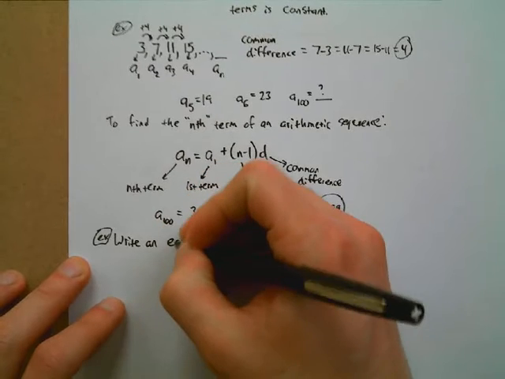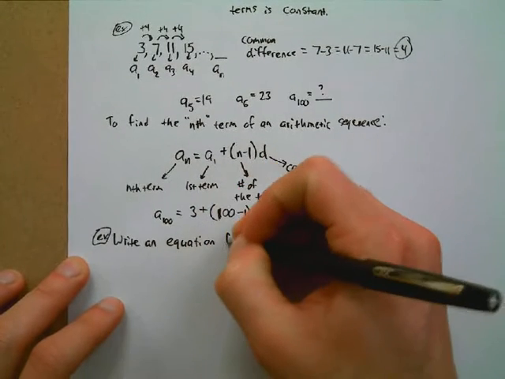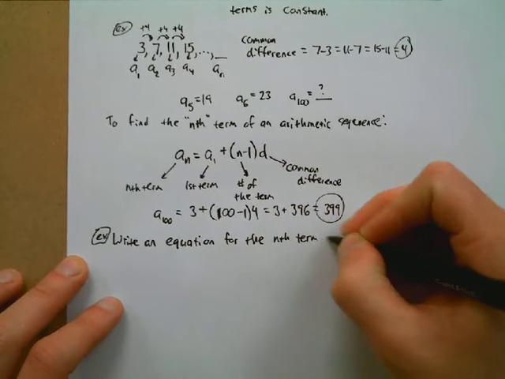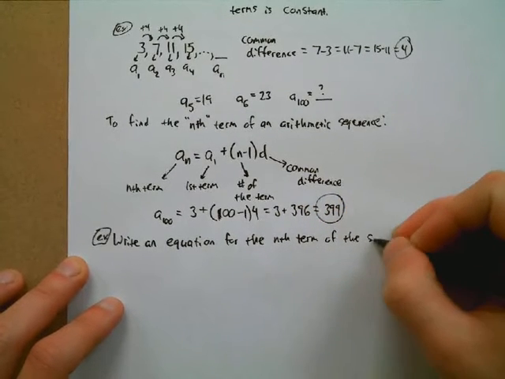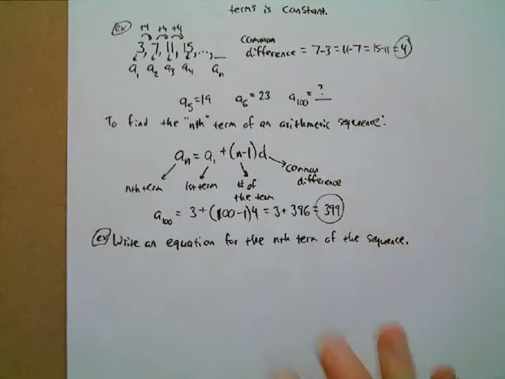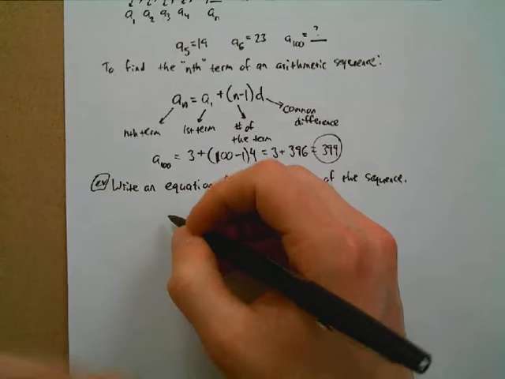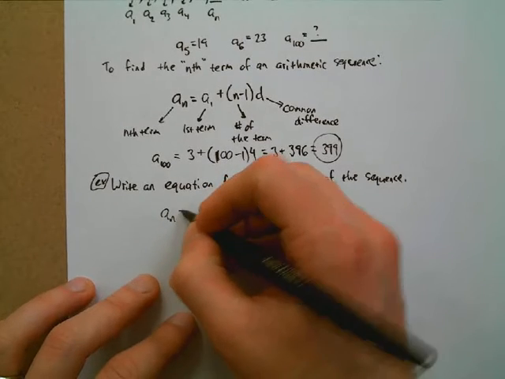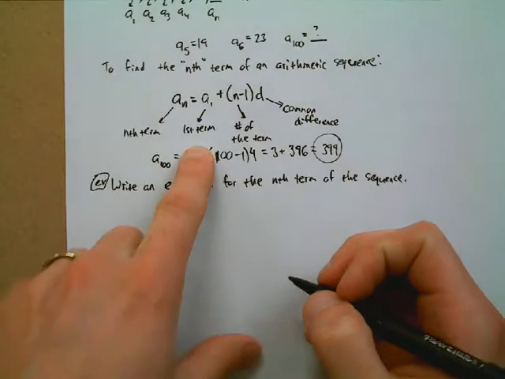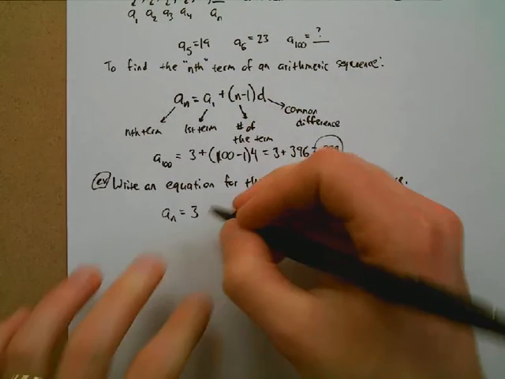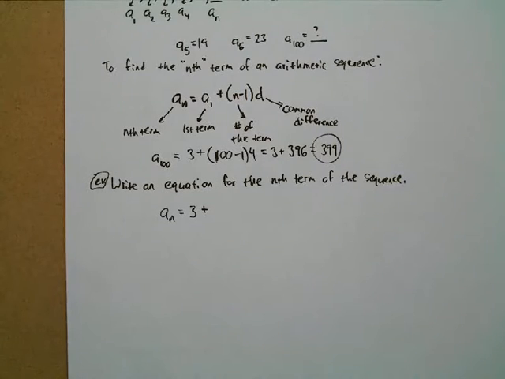So we could just write a generic formula here, using the formula we got, right? If we come up with an equation for the nth term, we don't know what term we want, so we're just going to use the nth term. So we'll say a sub n equals a sub 1, which is still 3 in our current pattern, plus n, since we don't know what term we're trying to find yet, and then our common difference, which is still 4, because we're on the same pattern.